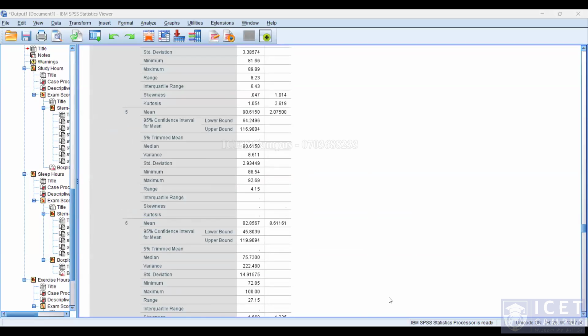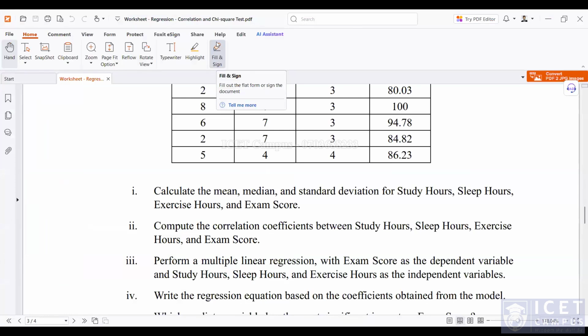Now again, I am going analyze, descriptive statistics, we go for the frequencies, right? So we need to take all of these. What are the variables we need? Calculate mean, median for study hours, sleep hours, exercise hours, and exam score. All four variables are there.